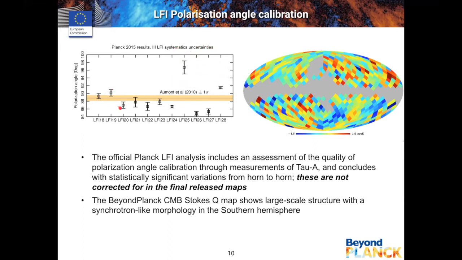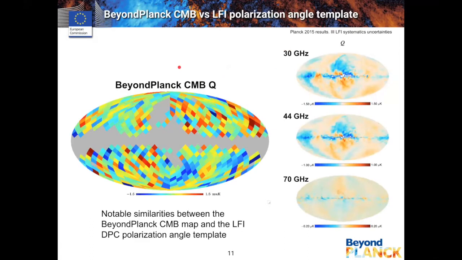These are the results for each LFI detector measurement using Tau A. In the previous BeyondPlanck release in November, we did not correct the polarization angles for these measurements. This would cause a leakage, a synchrotron leakage, in the CMB polarization Q maps, and you can see also in this slide a comparison.